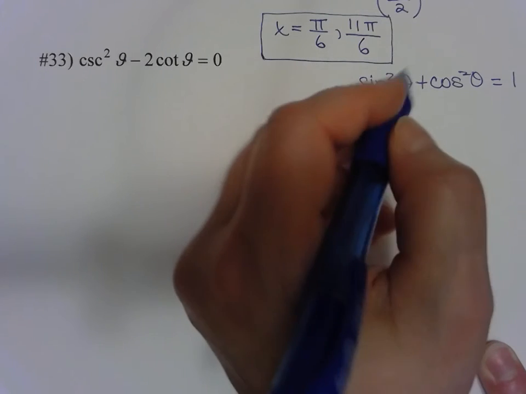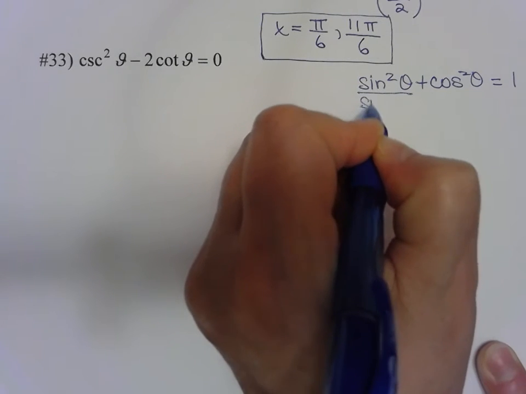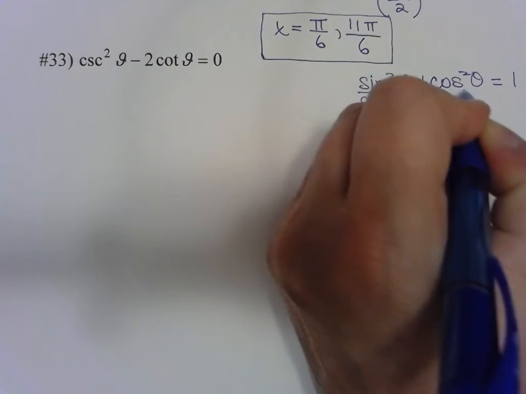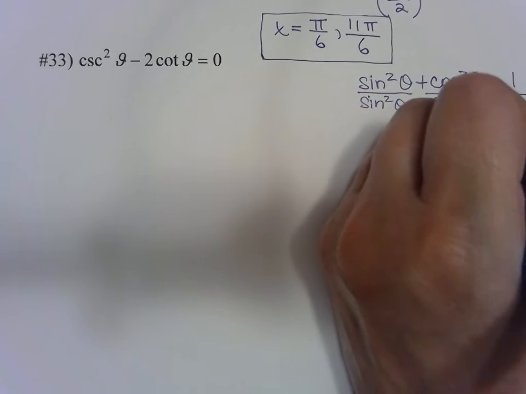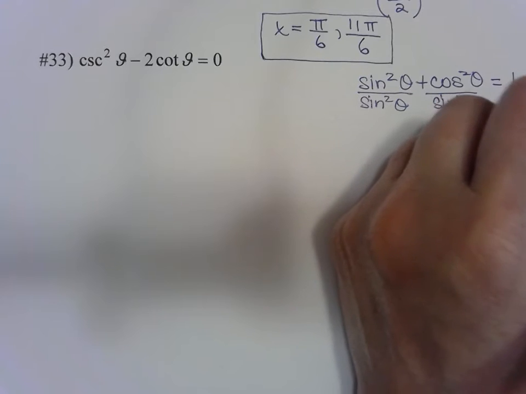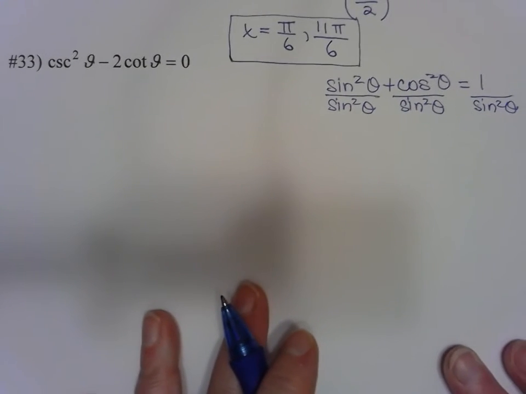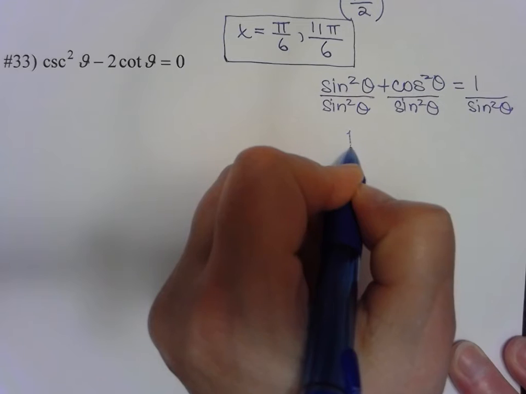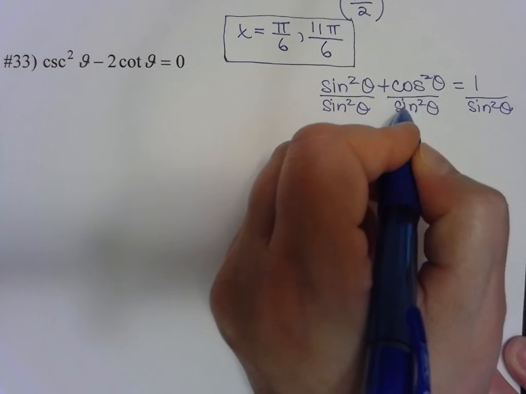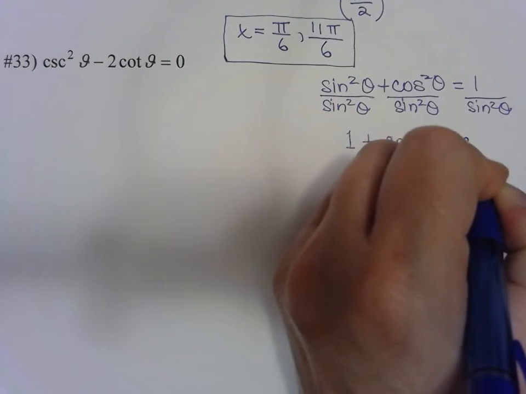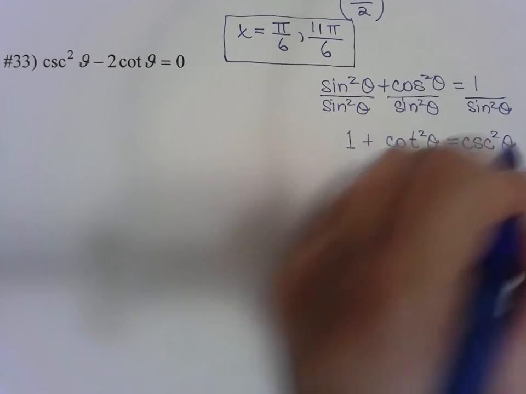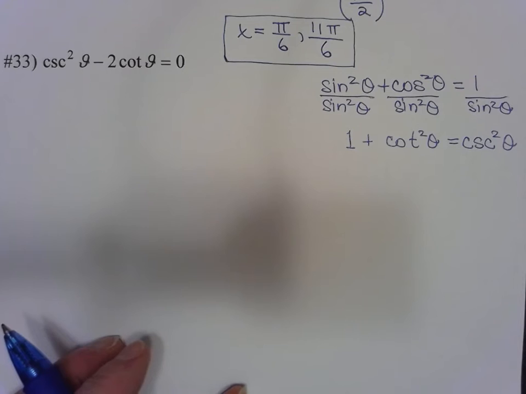The identity for the cosecant is the one where I divide everything by sine squared. So this is going to give me 1 plus cotangent squared is the cosecant squared. That's the one I need, right?